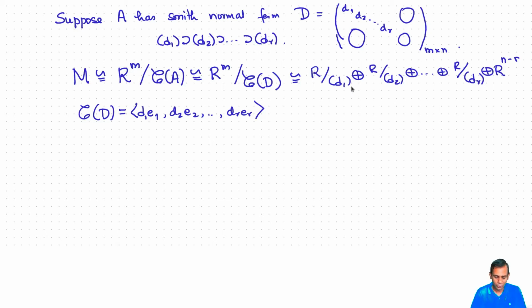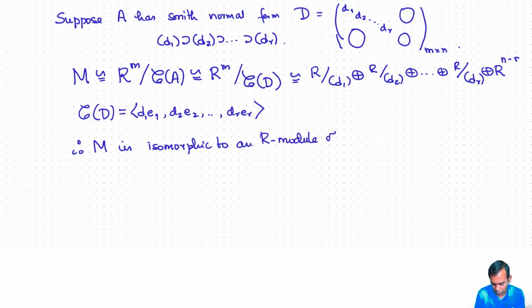So disregarding those, what we get is, therefore, M is isomorphic to an R module of the form R mod... So now I might renumber these, throw out the first few di's which are units, and renumbering things and so on, maybe changing r if necessary.